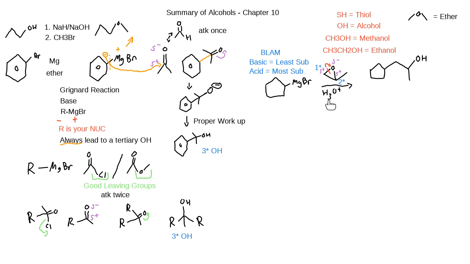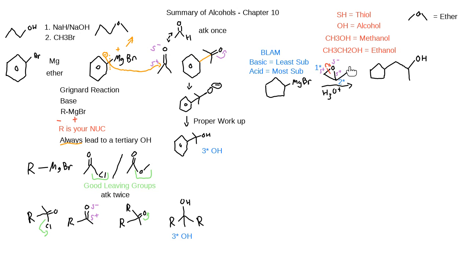And the acidic water is basically to help with the proper workup to turn the O negative to OH. So as you know, there were two sides to this epoxide. One side you attach the R group, and whatever side you didn't attach the R group, which is the right side in this case, will automatically turn into OH.